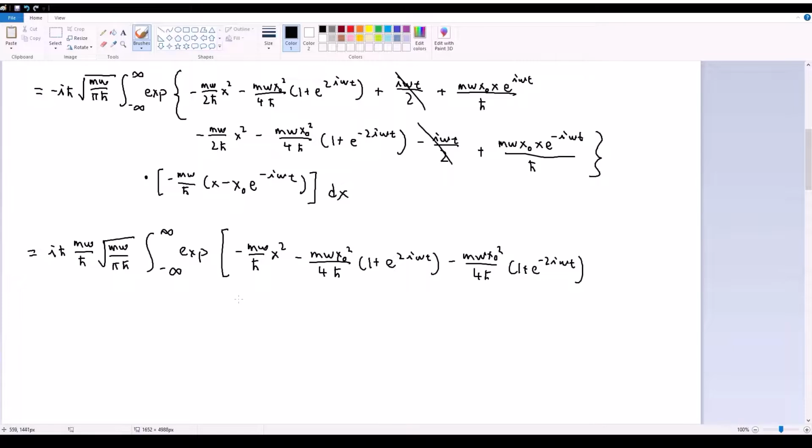And then plus m omega x naught x over h bar e to the i omega t plus m omega x naught x over h bar e to the negative i omega t. And then all of this is going to be multiplied by x minus x naught e to the negative i omega t.